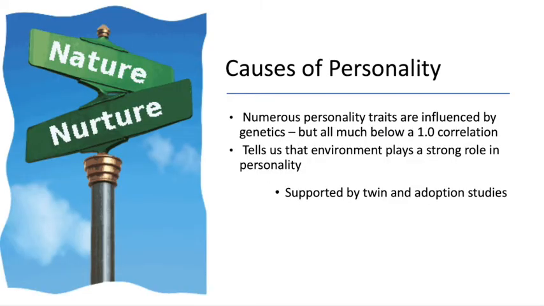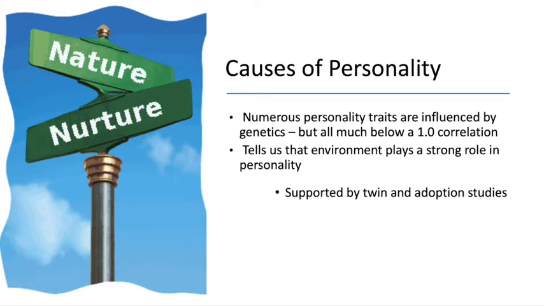One of the things that twin and adoption studies have taught us is that the correlation or the relationship between nature and personality traits is not perfect. That is, the correlations are all well under the perfect correlation coefficient of 1, which signifies, of course, a perfect association between two variables.